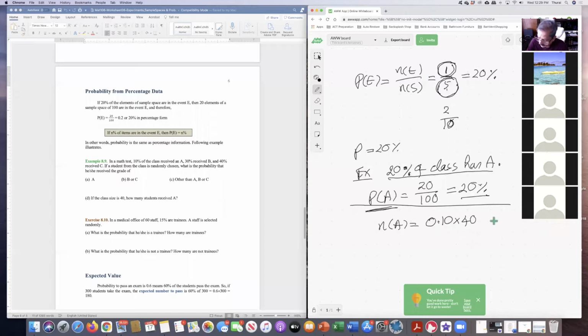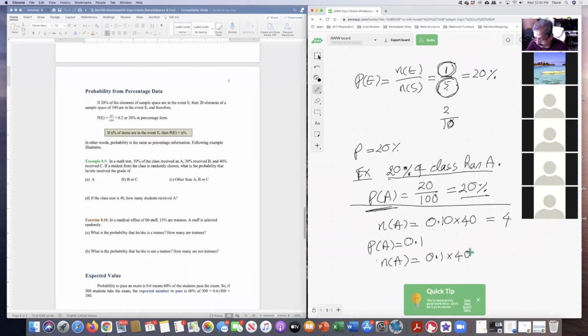So this is equal to 4. So if they give you the probability for getting A as 0.1 and ask you if the class size is 40, then how many students are going to get A? That's still probability times 40. Probability is the same as percentage.